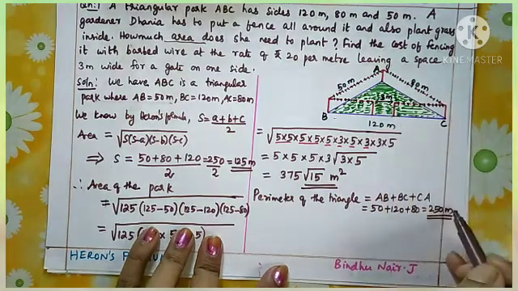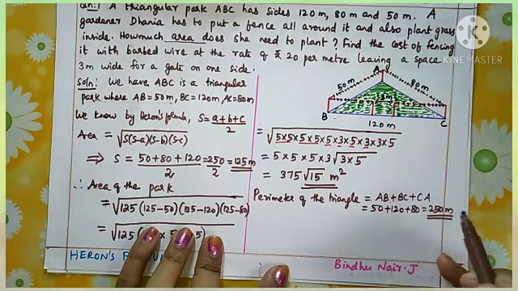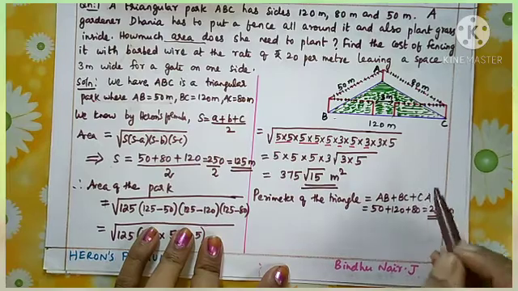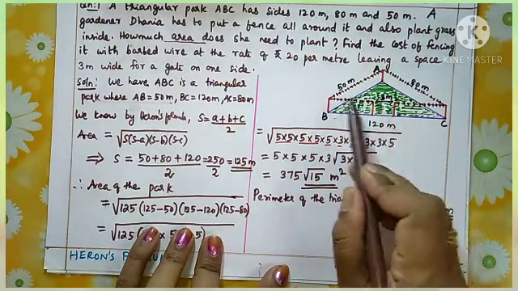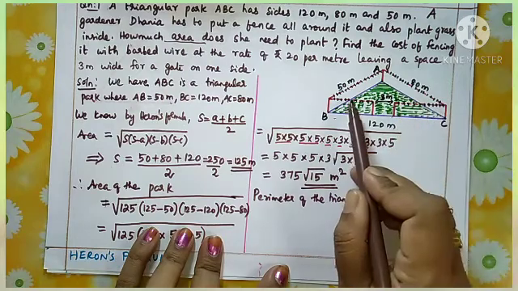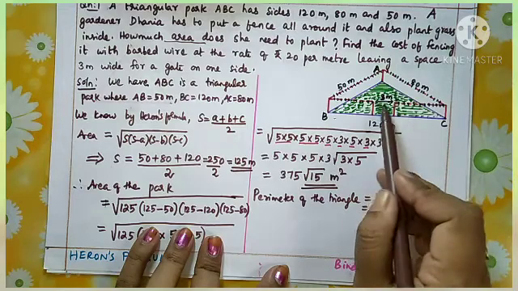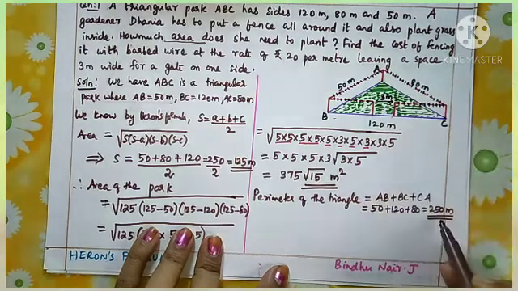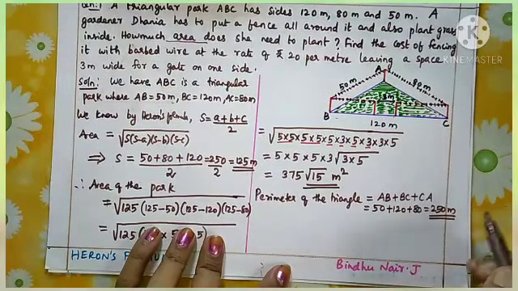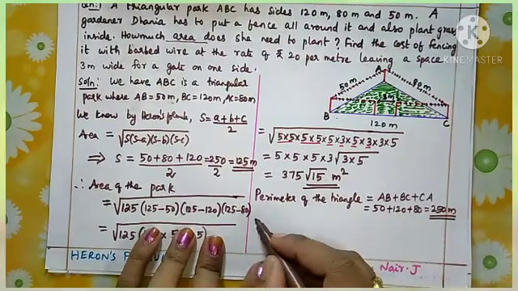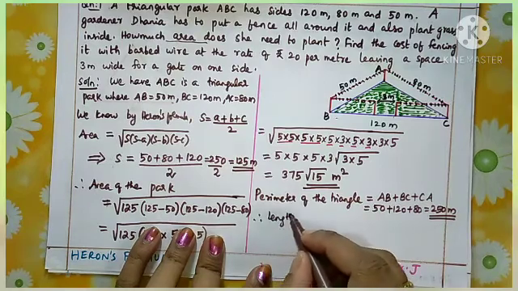So from this perimeter we want to subtract the space for the gate, because the fence will not come in the gate region. So we need to subtract this 3 meters from our total perimeter, because we are avoiding that area. Next step you want to write, therefore, how much wire is required?